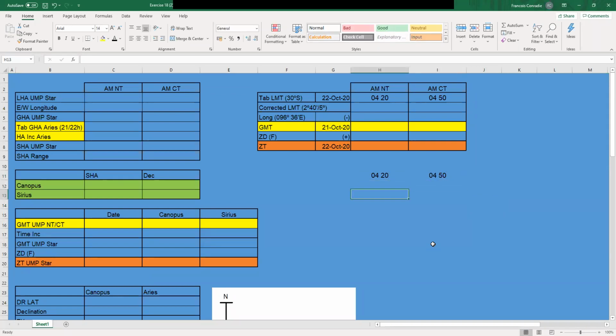And then below this, we had 04:11, and over here we had 04:42, isn't it? And this was at 35 degrees south.